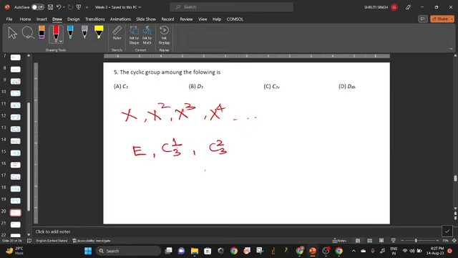So if you will consider this one as x, E can be written as C3 cubed, and this can be written as x square, then this will be x cube. So we have x, x square, x cube. All three elements are like that. So that's why this one is a cyclic group.